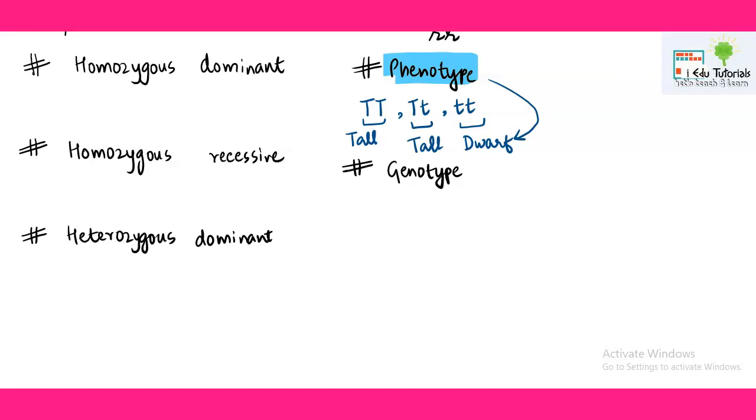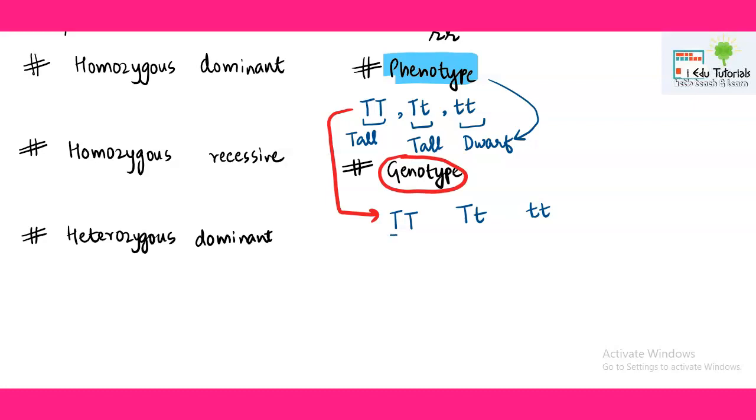Now let's move ahead and understand what is genotype. Here I have written the alleles, and these could be capital T, capital T small t, or small t small t. Genotype means the allelic combinations that are present, which will define the phenotype. So here capital T, small t are the allelic combinations.